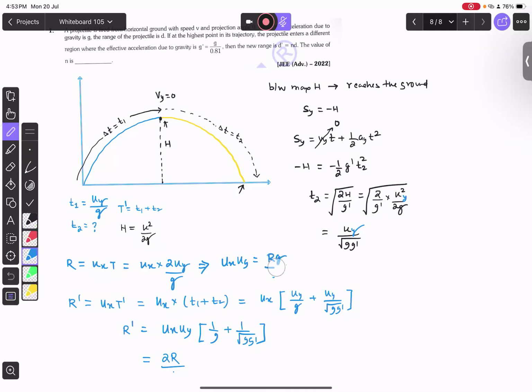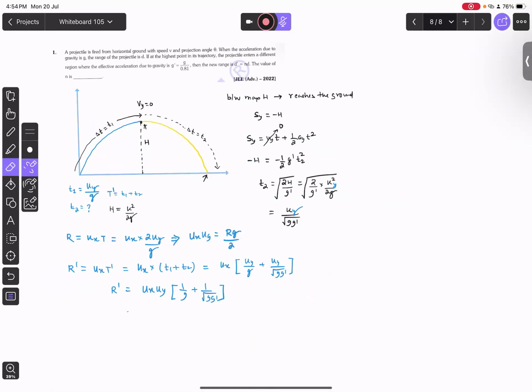So it will be Rg by 2 into 1 by g plus 1 by root g g dash.